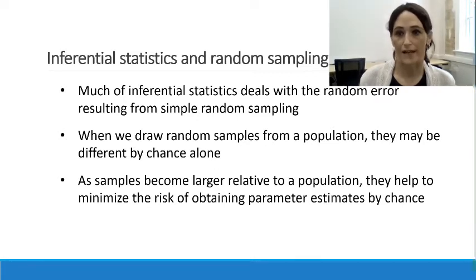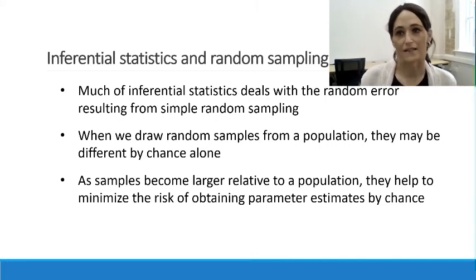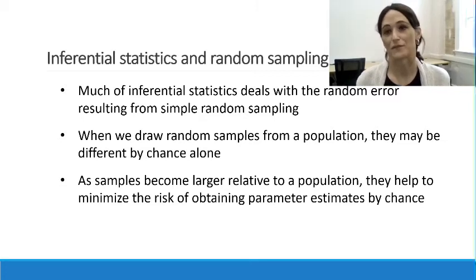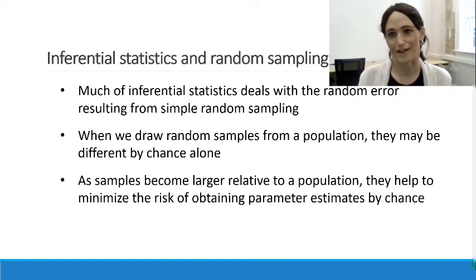When we draw random samples from a population, they may be different from the true population just by chance alone, right? So if I'm walking down the street and take 10 people randomly and ask them if they are right- or left-handed, I might get 10 right-handed people, and my inference would be that 100% of people are right-handed. Well, we know that's not correct.